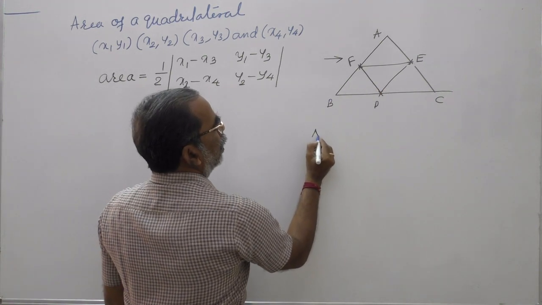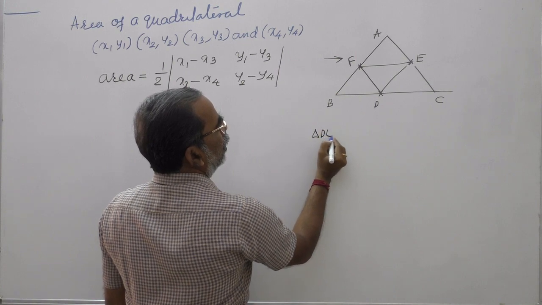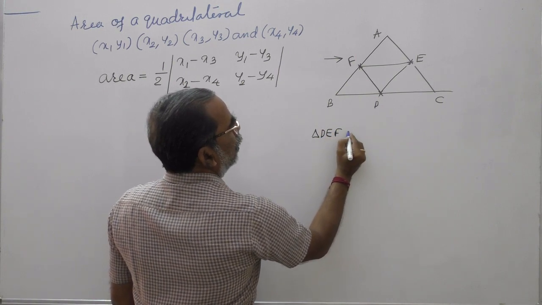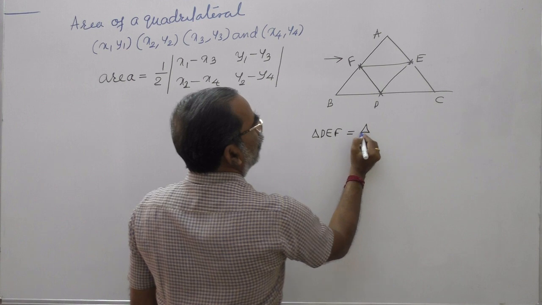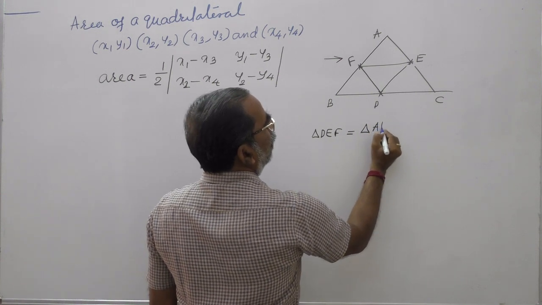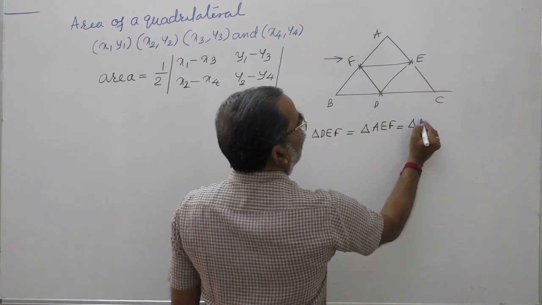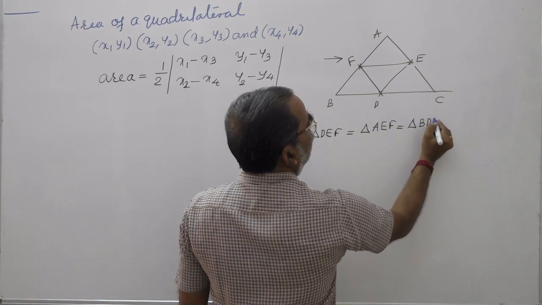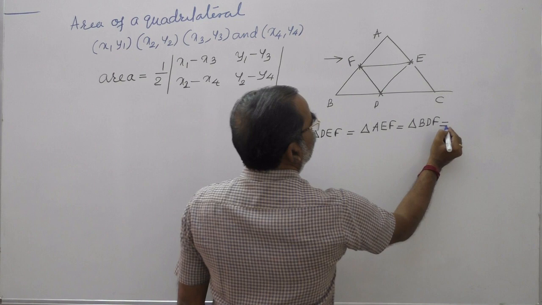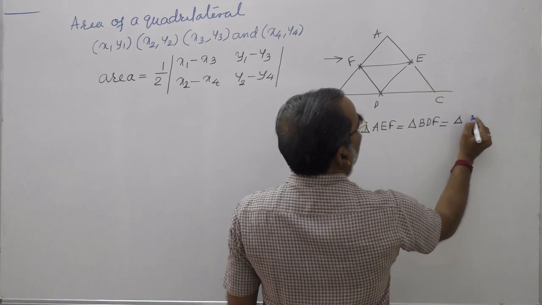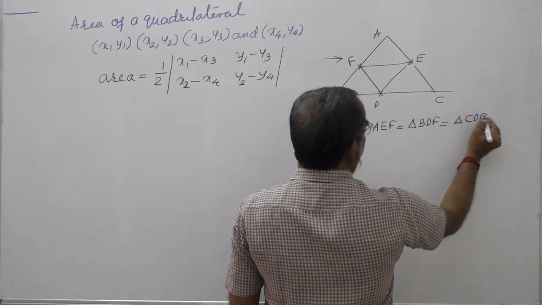That means the area of triangle DEF is equal to the area of triangle AEF, equal to the area of triangle BDF, also equal to the area of triangle CDE.